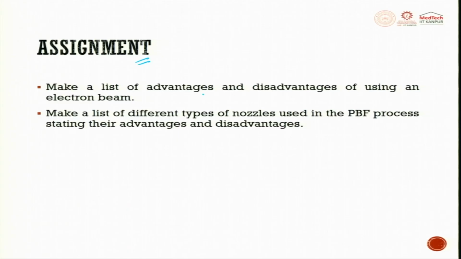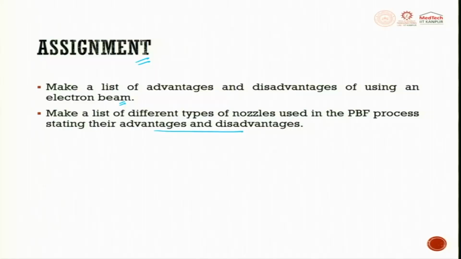Make a list of advantages and disadvantages of using electron beam. Also make a list of different types of nozzles used in the powder bed fusion process, stating their advantages and disadvantages. With this, we are coming to an end about the basic understanding of the processes.